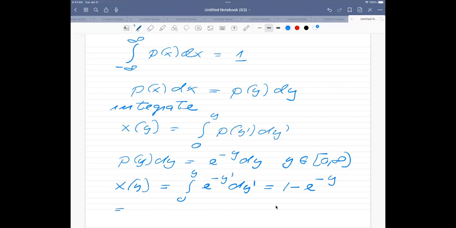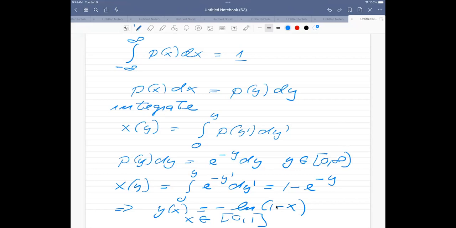And then what I can find is that y(x), if I just invert this relation, is minus ln(1 minus x). And remember now that x goes from 0 to 1. So you have a random number generator which generates these points, and then you make a mapping.